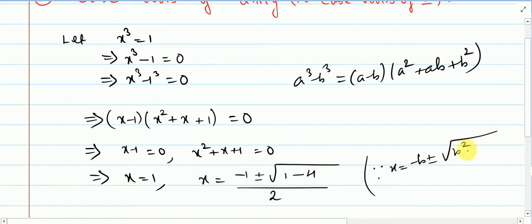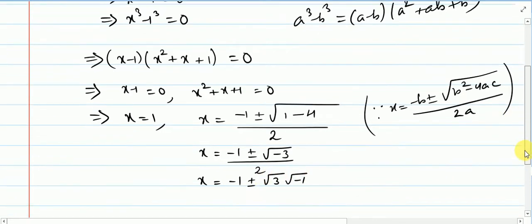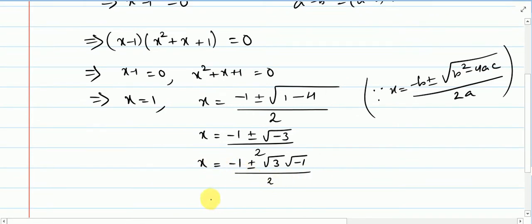So you'll get this, and this can be written as, but under root minus 1 will be i. So we got this.